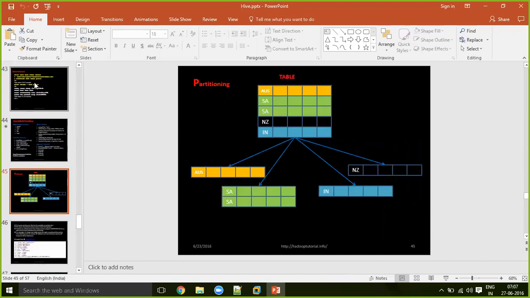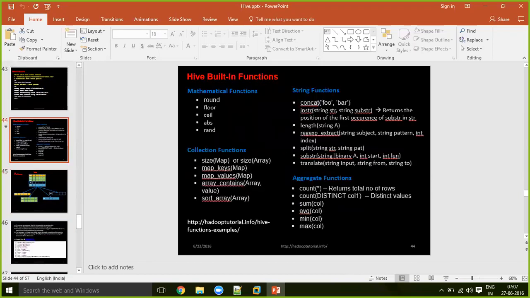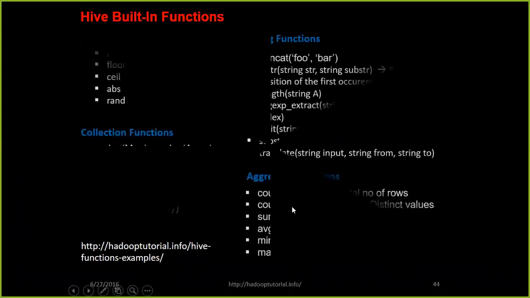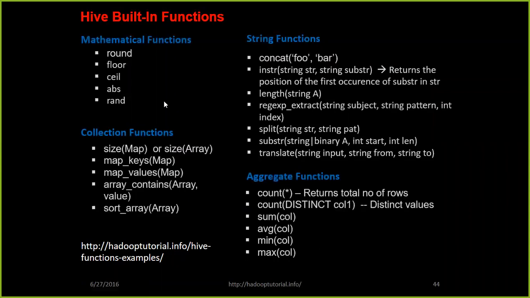Okay. Next, some of the Hive built-in functions that you should be aware of, at least the bare minimum. Some math functions you can apply: round, floor, ceil, absolute, and random, similar to your Oracle SQL functions.